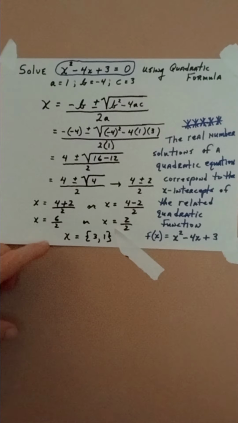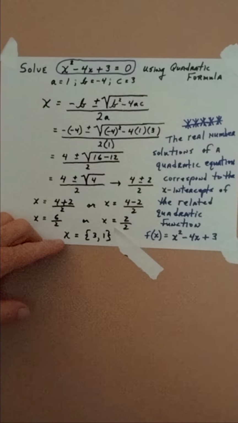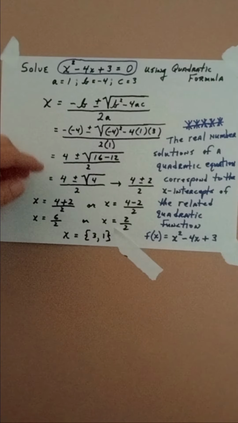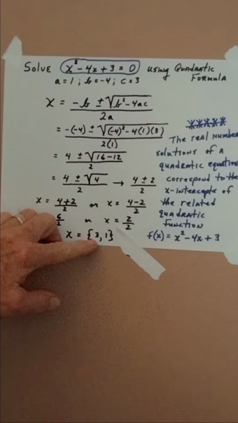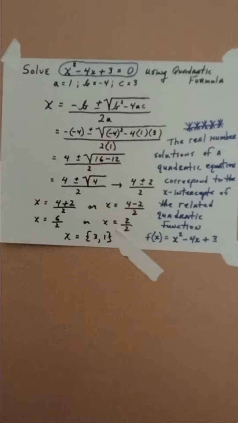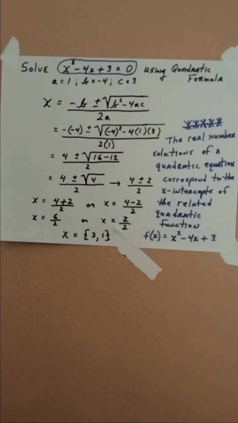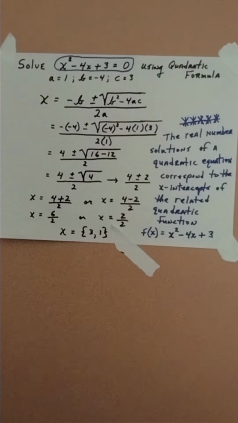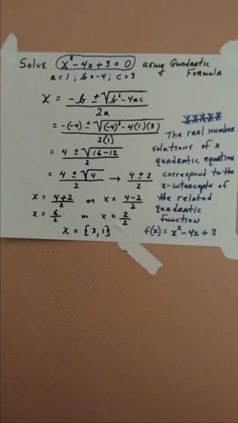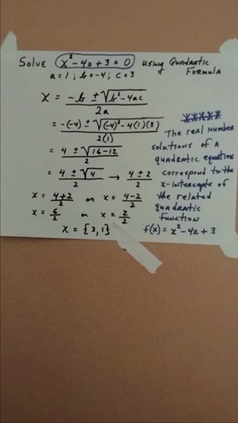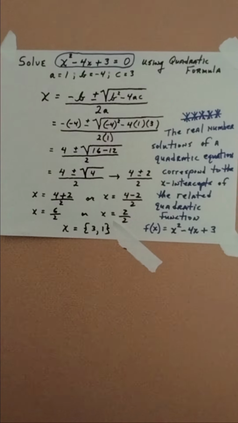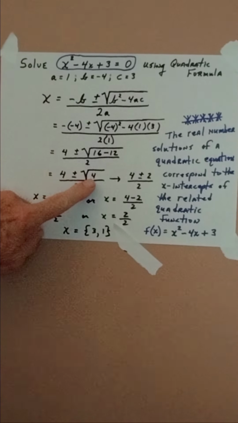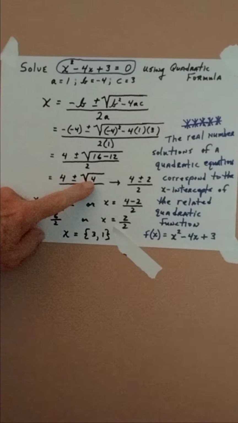We come to find out that the values of x that satisfy this quadratic equation are positive 3 and positive 1. And notice that those values of 3 and 1 are real number solutions. There are no imaginary solutions, because the value of the discriminant, as we can see right here, is positive.